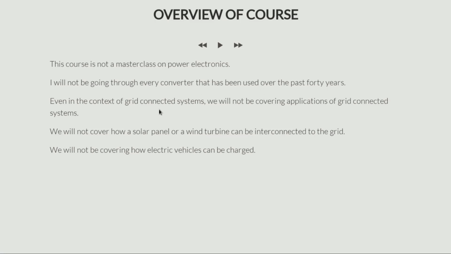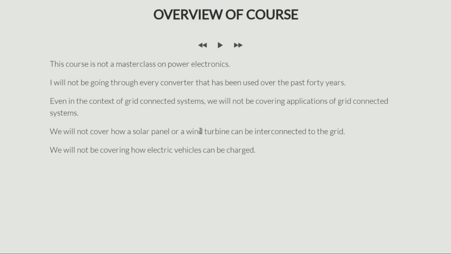We are talking about grid connected systems. So it's basically grid connected converters. But even in this context, we are not going to be going through the applications of grid connected systems. So what that means is we will not be talking about what this grid connected system does. For example, we will not talk about how a solar panel or a wind turbine is interconnected to the grid, because this is the application.